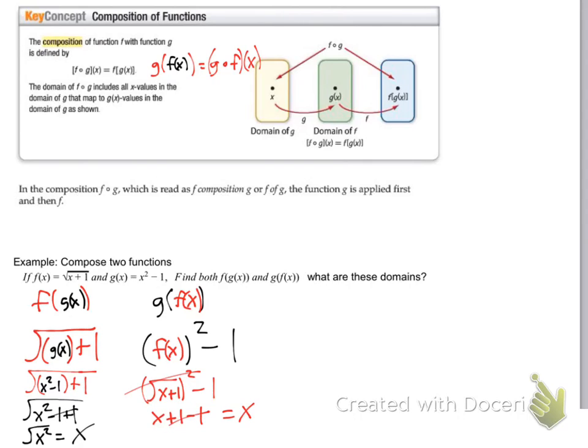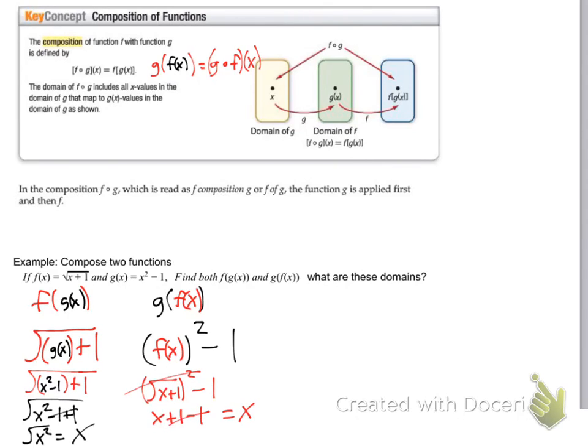If f of g of x equals x and g of f of x equals x, they are inverses. They undo each other. I start with x, apply a function to get some answer, and then I put that answer into the other, and it brings me back to the beginning, what I put in. It's like you're going down the assembly line, someone puts the top part on, and the next person takes it off. That's what they're doing.